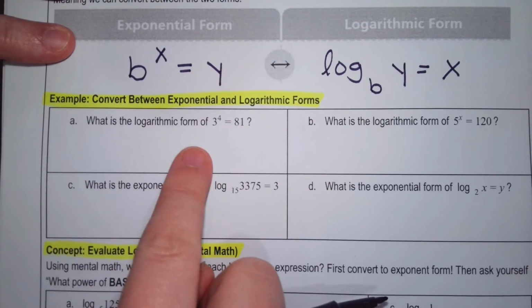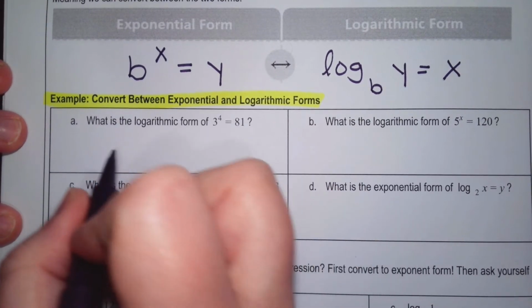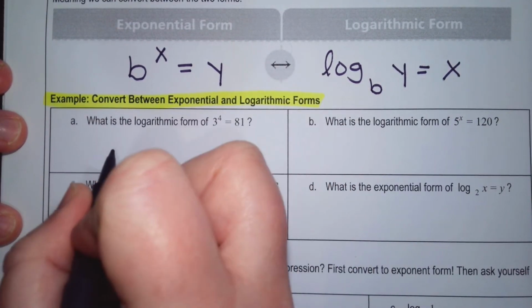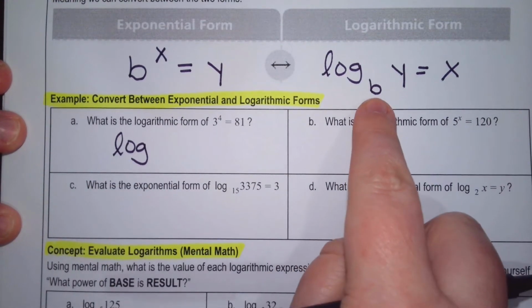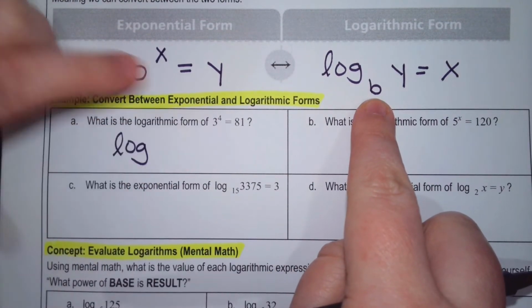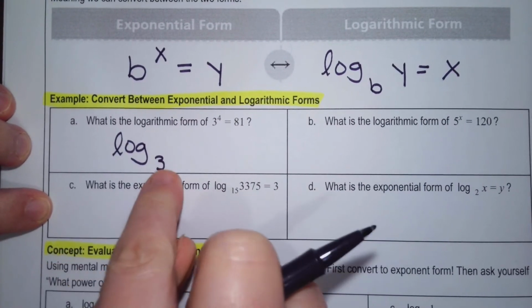So what is the logarithmic form of 3 to the 4th is equal to 81? The first thing I do is write log, and then my base. The base of my exponent is 3, so we're going to write that smaller underneath.